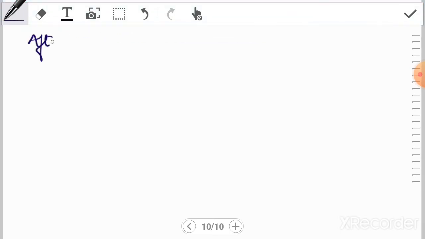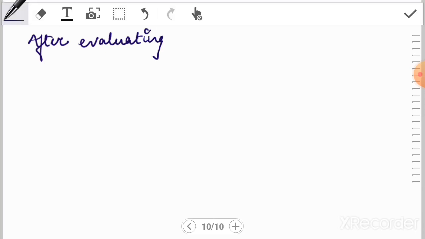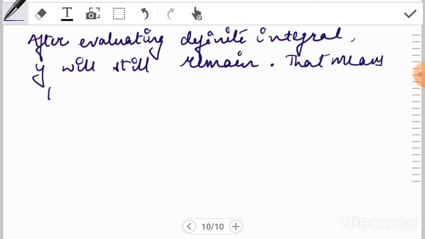So after evaluating the definite integral, y will still remain, and that means I is a function of y.